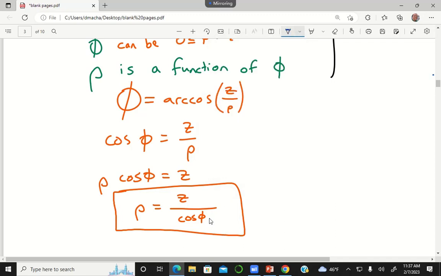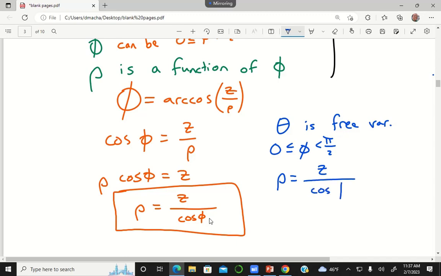So, theta is a free variable. Phi just has to be between 0 and pi over 2. And then rho is equal to z over cosine of phi.